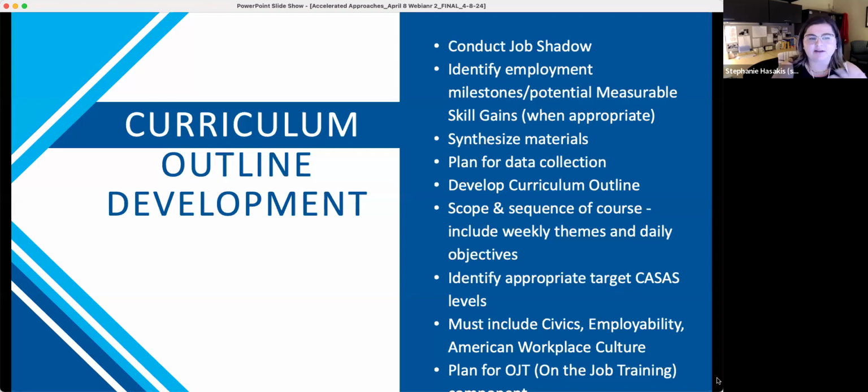The first is our curriculum outline and development. Once we've identified a business and everyone agrees that we're going to move forward, we conduct a job shadow, which is a very important piece of our process. In the example I'm about to show you with our childcare center, we shadowed at 3 different childcare centers.